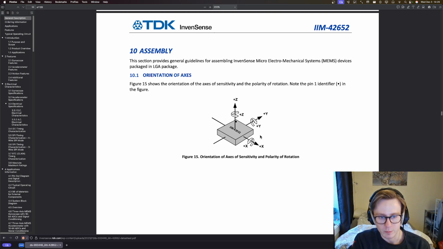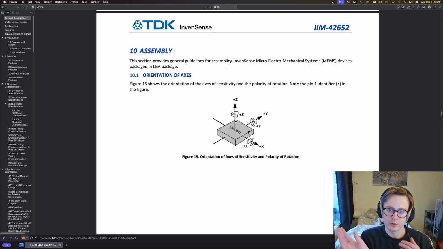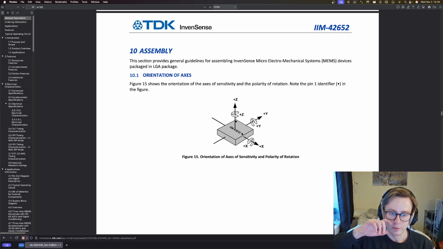But then our data will be wrong, of course. It won't show what we're expecting, since our rocket will be, we want our rocket standing upright to be level, right? So we want to basically pretend like this chip, however it's mounted in the rocket, will be level.